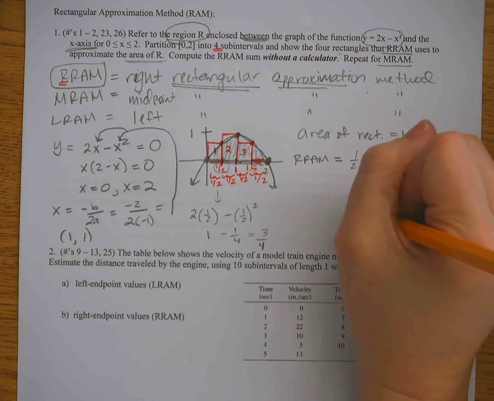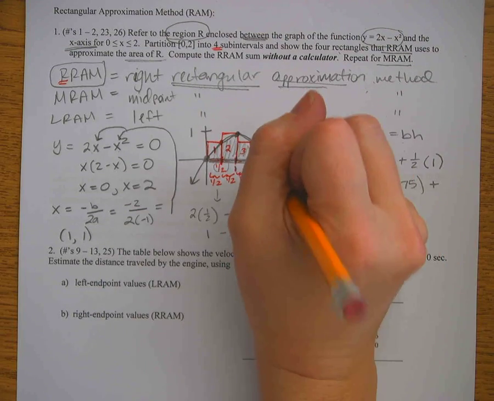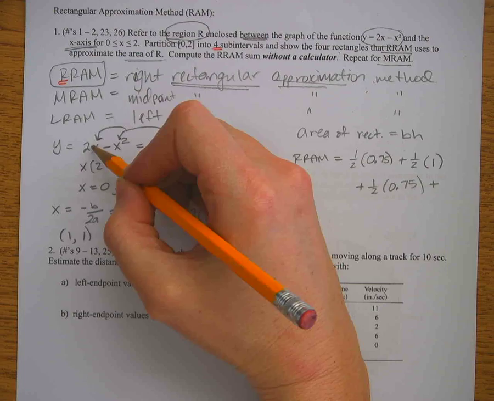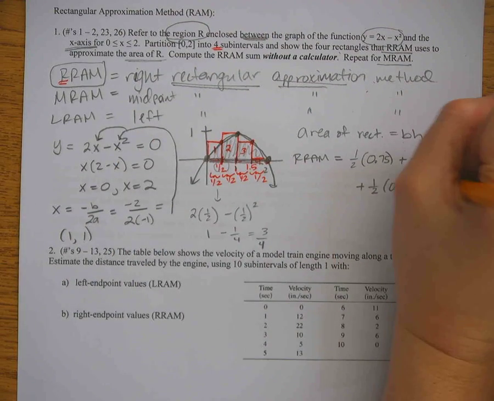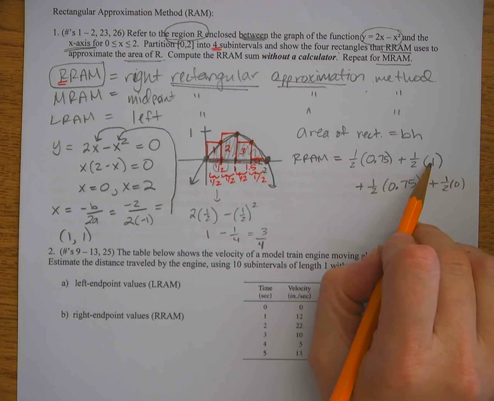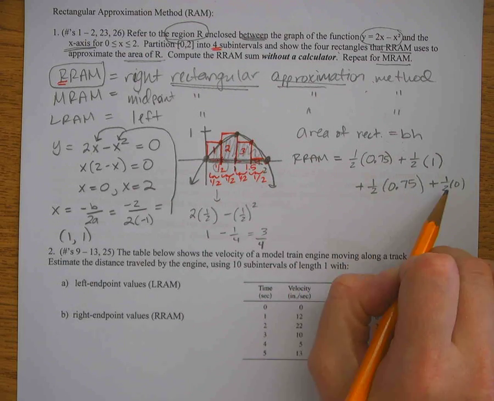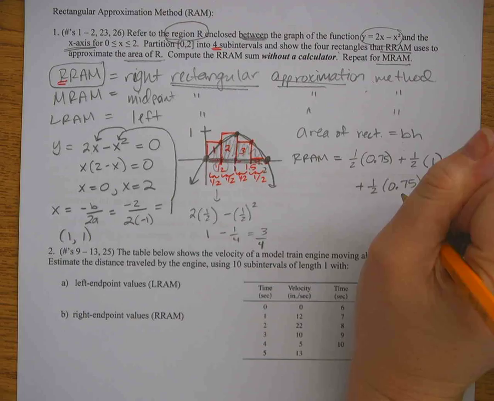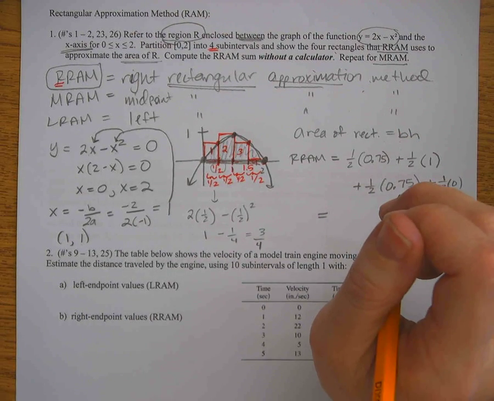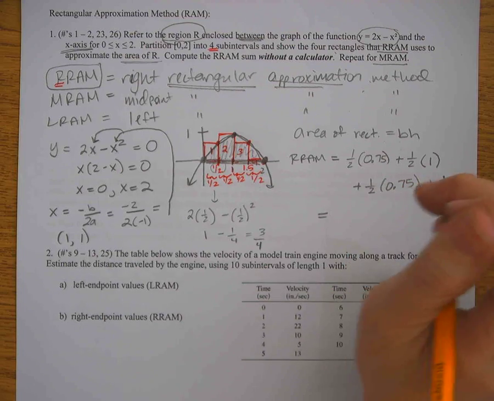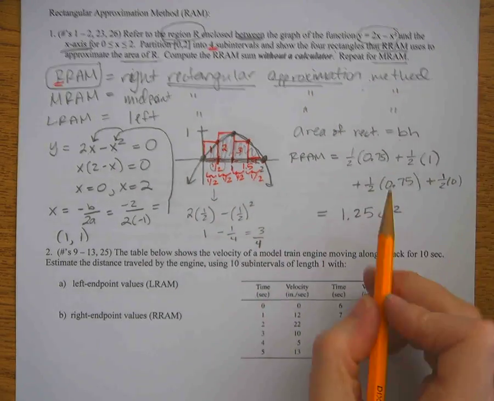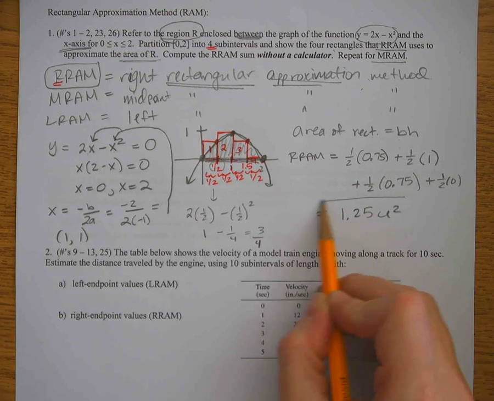And then with the fourth rectangle, I would plug 2 in here, and that would get me 0, because 4 minus 4 is 0. And so I'd have 1/2 times 0. So it's base times height plus base times height plus base times height plus base times height, 4 rectangles. And then when you add all of that up, you end up with 1.25 units squared. So that is the RAM.